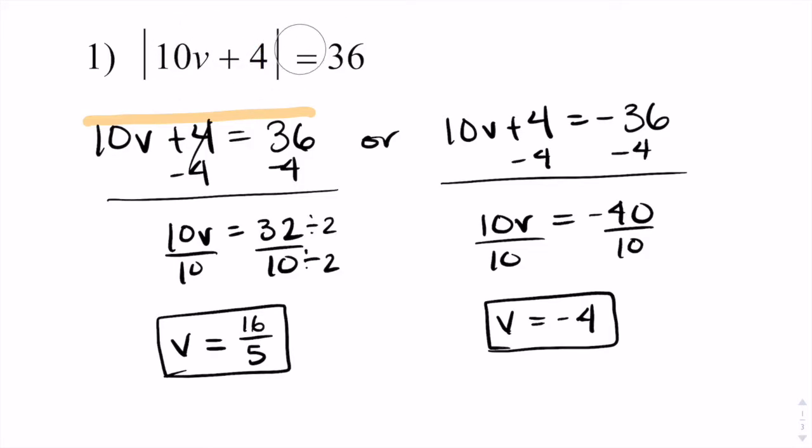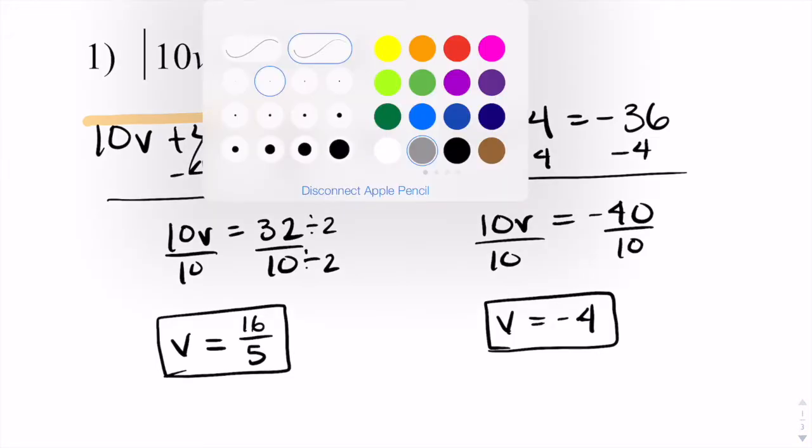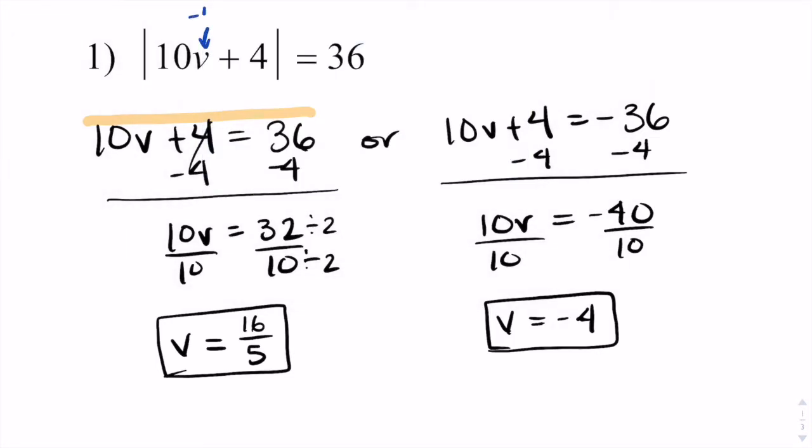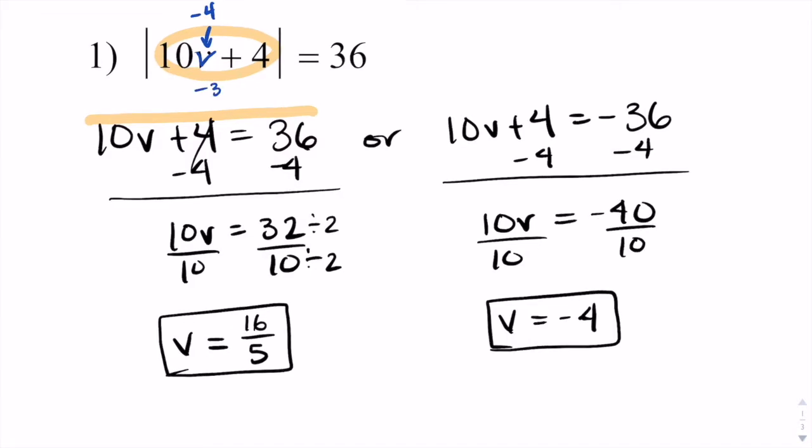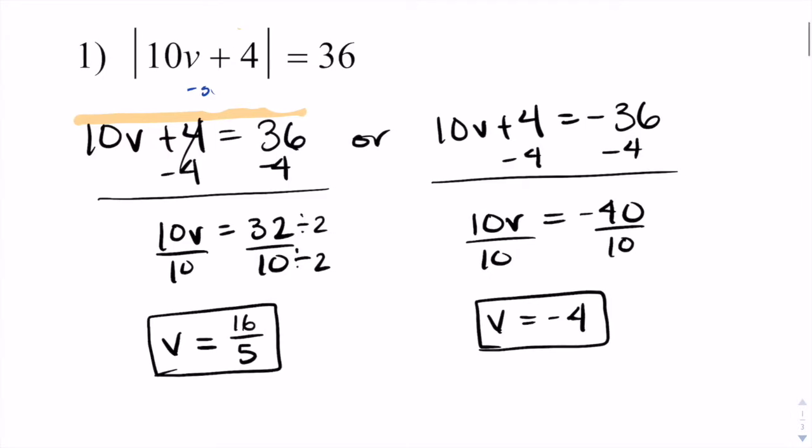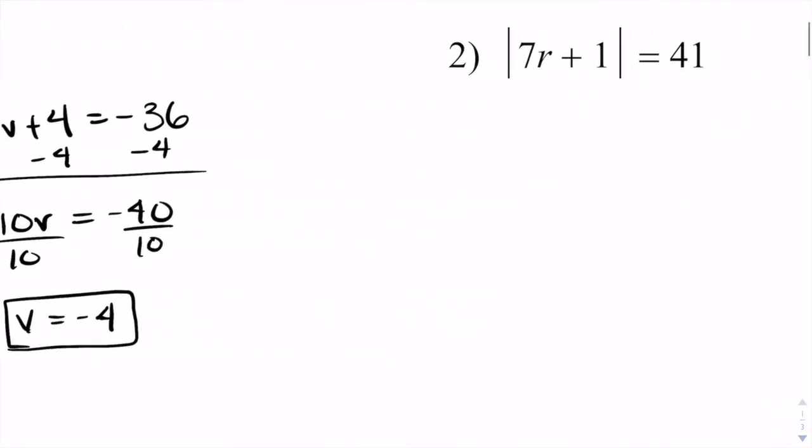The same thing would happen if I plug in negative 4 for the v: then all of this is equal to negative 36, and the absolute value of negative 36 is equal to positive 36. So both of those numbers work out. That's why we end up with two possible solutions. Not the same number, but still two different values that work. And that's what we're going to do with all these other examples.